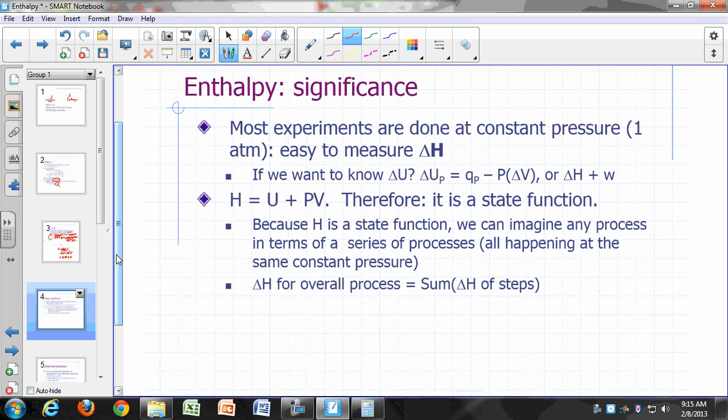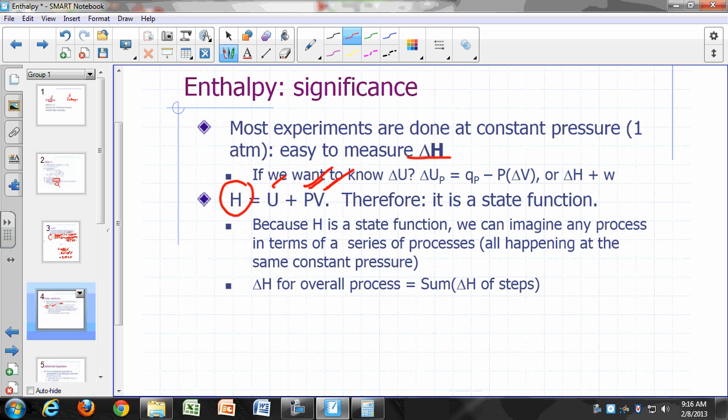Like I said, the significance of enthalpy is that in most experiments, we do it at a constant pressure of 1 atmosphere, so it's easy to measure delta H. All you have to do is measure Q. But the nice thing about delta H is that H itself is U plus PV. It's a state function plus another state function times another state function, so H itself is a state function.